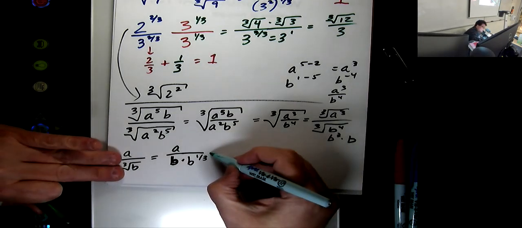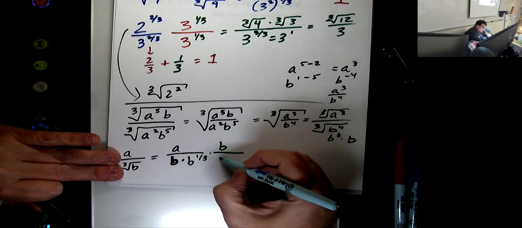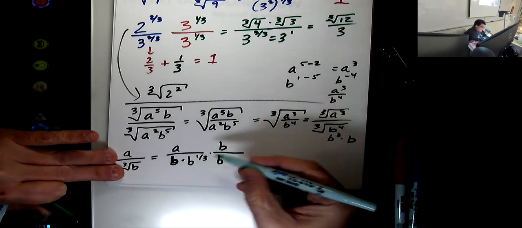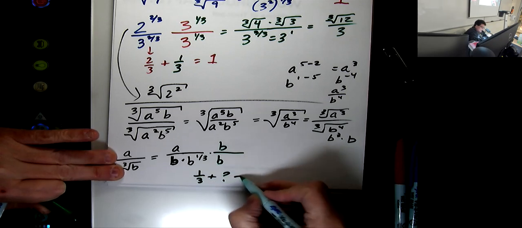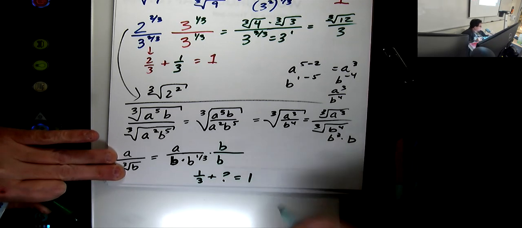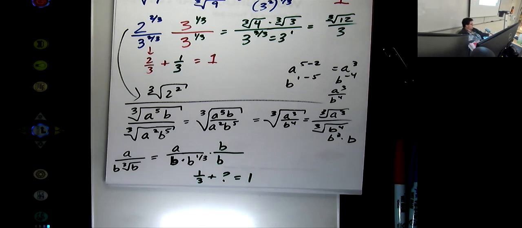Which means I need to multiply this on top and bottom by some version of b. I just need to figure out what exponent I've got to put here so that it equals 1 when I add it to the current exponent on the bottom. 2/3.